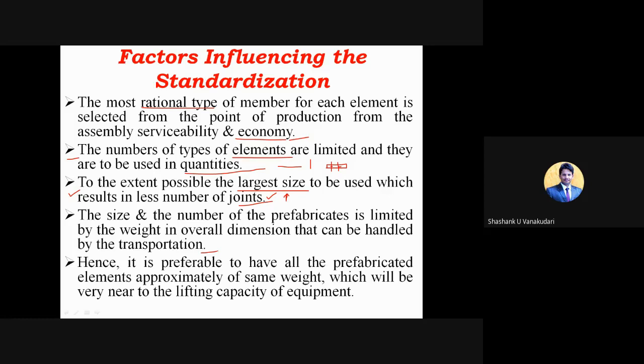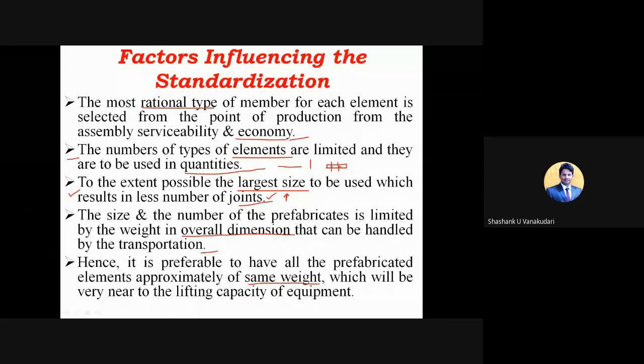Clear? So even the selection of the transportation vehicle can be minimized, because once those dimensions are fixed as per the dimension criteria, we can choose the type of transportation. Hence it is preferable to have all the prefabricated elements approximately with the same weight.